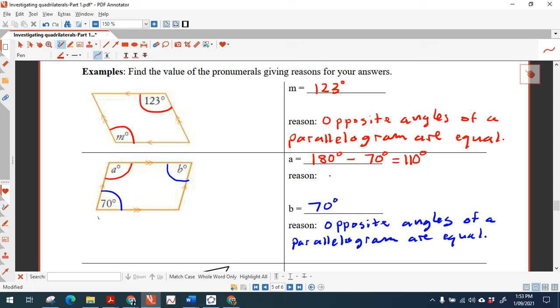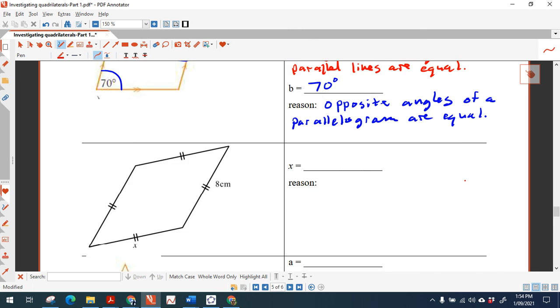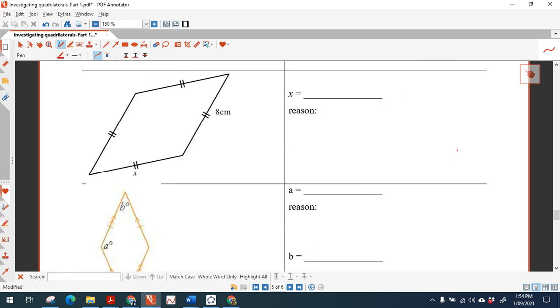And the reason we're going to put down there is co-interior angles on parallel lines add up to 180 degrees. Let's copy that down, and that's the first two questions done.